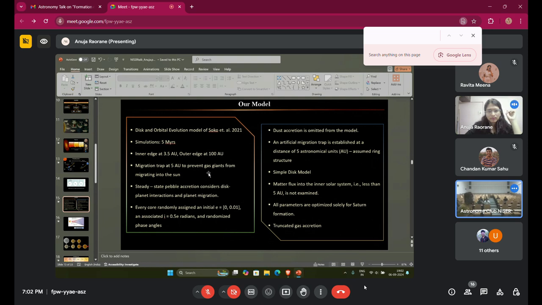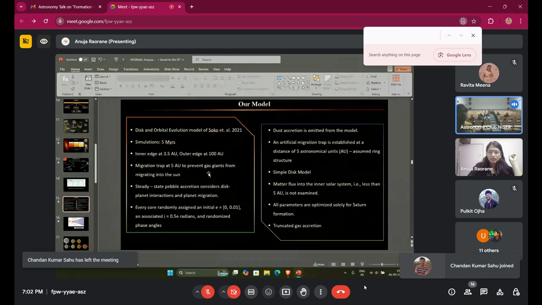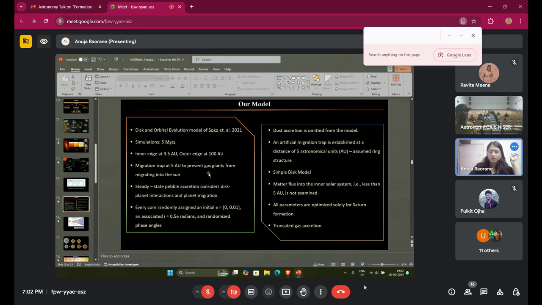Mrudal has a question regarding the terminology migration trap, and I think you showed a number lambda based on the number of planets. If there are any numbers coming out of the simulations, do those numbers carry any meaning? Can you explain that?